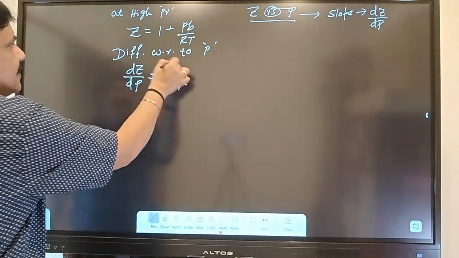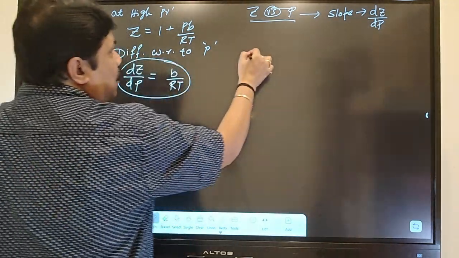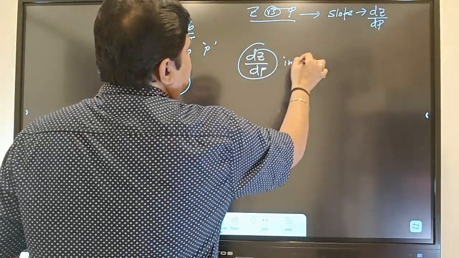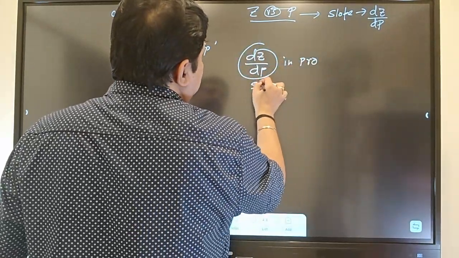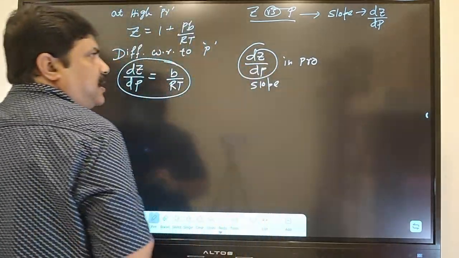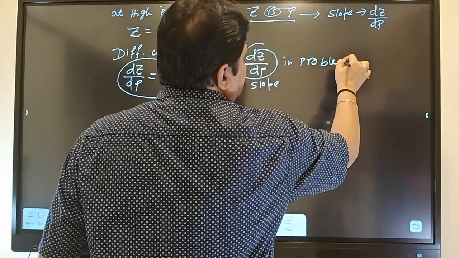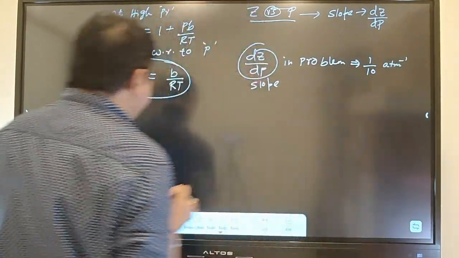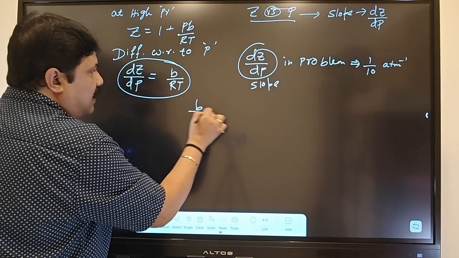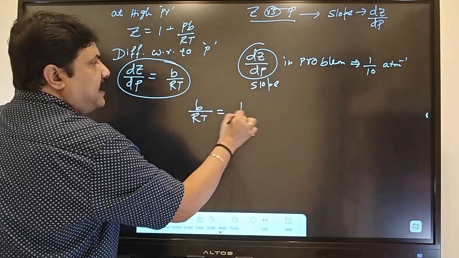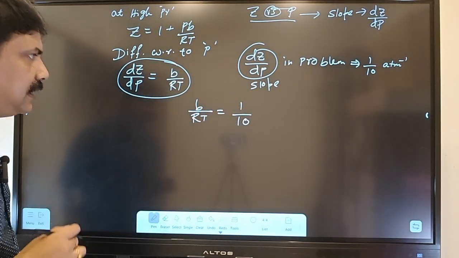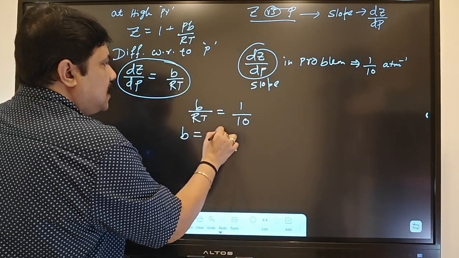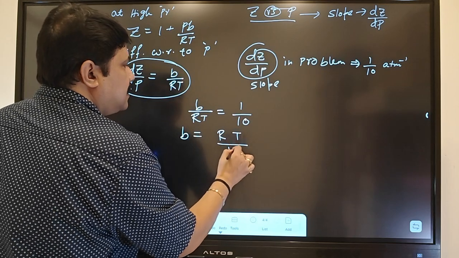And in the problem they told us dz by dp, which is nothing but your slope, and they are giving this slope equals 1 by 10 atmosphere inverse. So immediately I can write B by RT equals 1 by 10, and then B equals RT by 10.